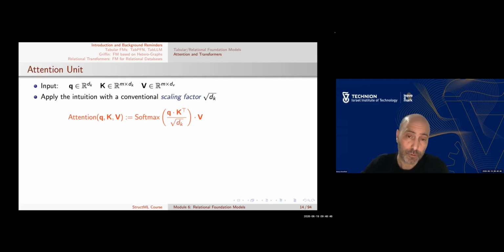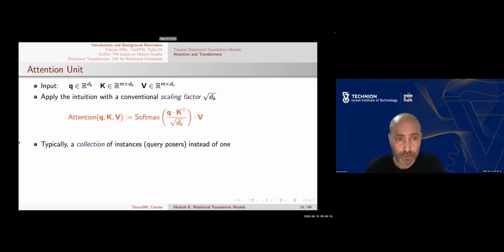So we take the product of the query with the different keys. That gives us weights. There is some normalization factor here based on the dimension of the keys. We transform this sequence of numbers into a distribution, softmax. So we have a normalized weighted average, and then we apply it to get our weighted average.